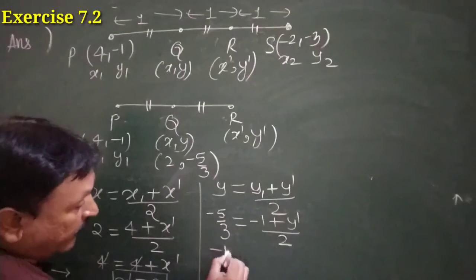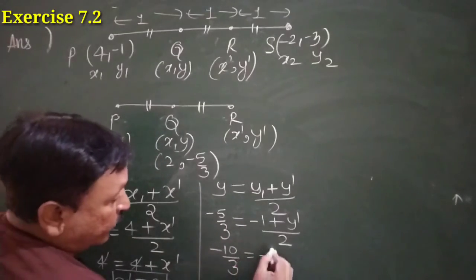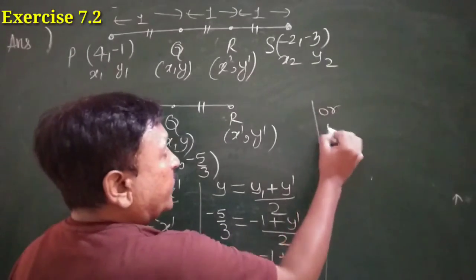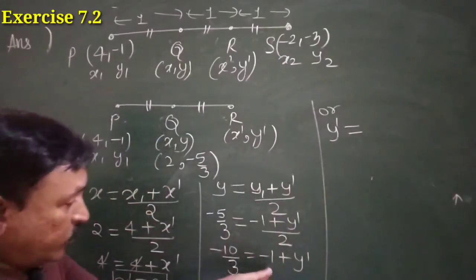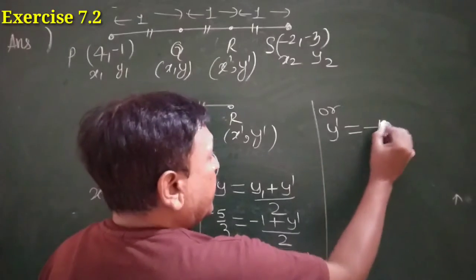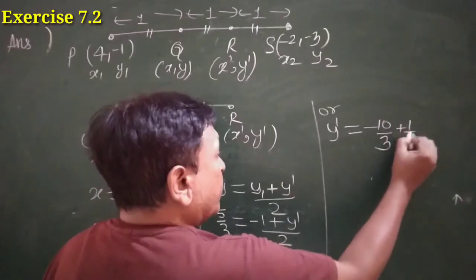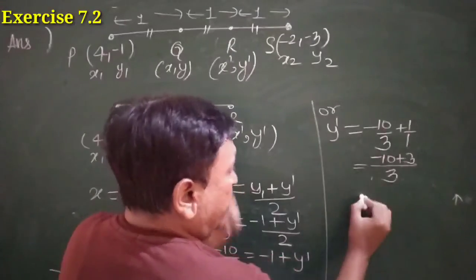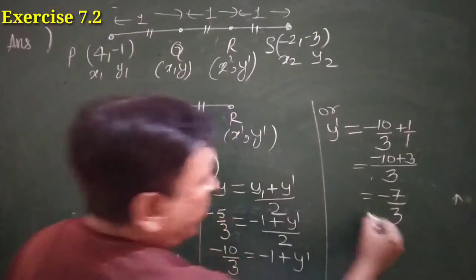Send it across: minus 10/3 equals minus 1 plus y dash, or y dash will be equal to, transpose it here, minus 10/3 plus 1, we have to take the LCM, minus 10 plus 3, so the answer will come minus 7/3.